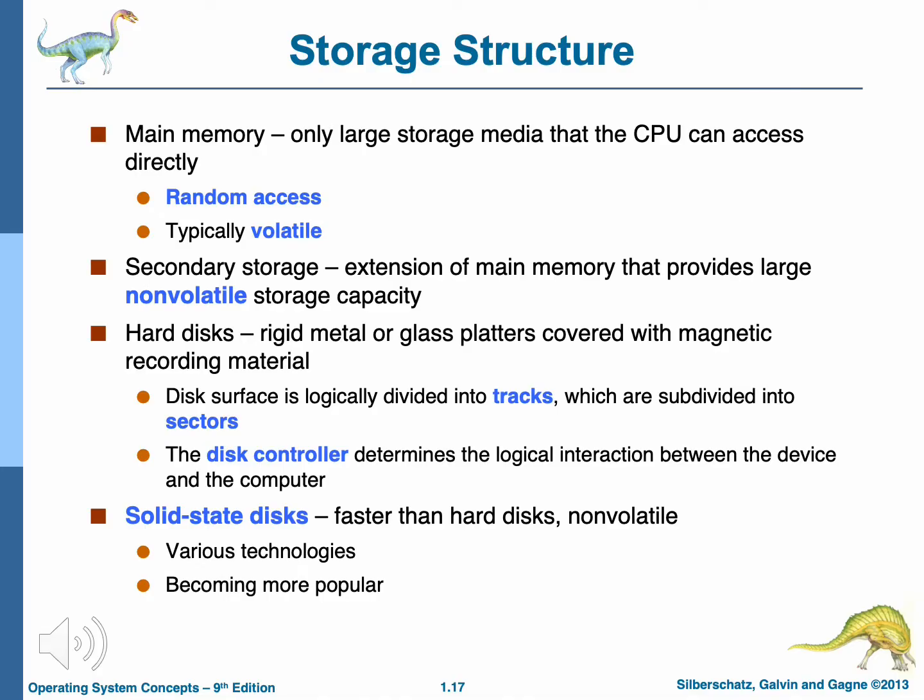The instruction is then decoded and may cause operands to be fetched from memory and stored in some internal register. After the instruction on the operands has been executed, the result may be stored back in memory.